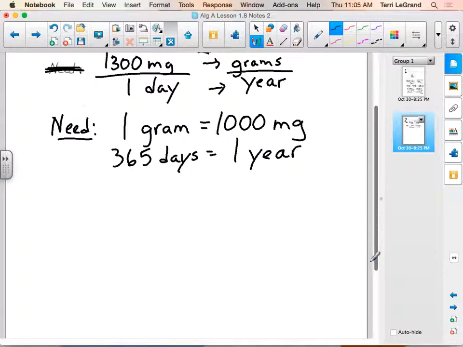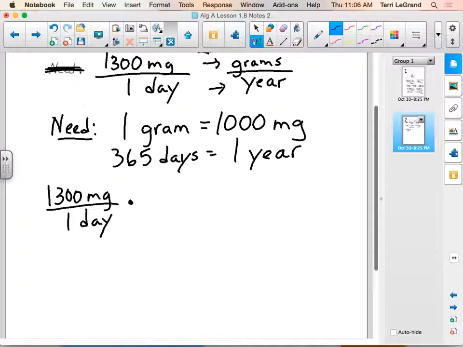So start with the ratio that we have, and you need to put your labels in these, because that helps you know how to set up your conversion factors, in what order. Let's do them the way we have them here. Let's do the grams and milligrams first. Should we put the 1 gram over 1,000 milligrams or the 1,000 milligrams over 1 gram?